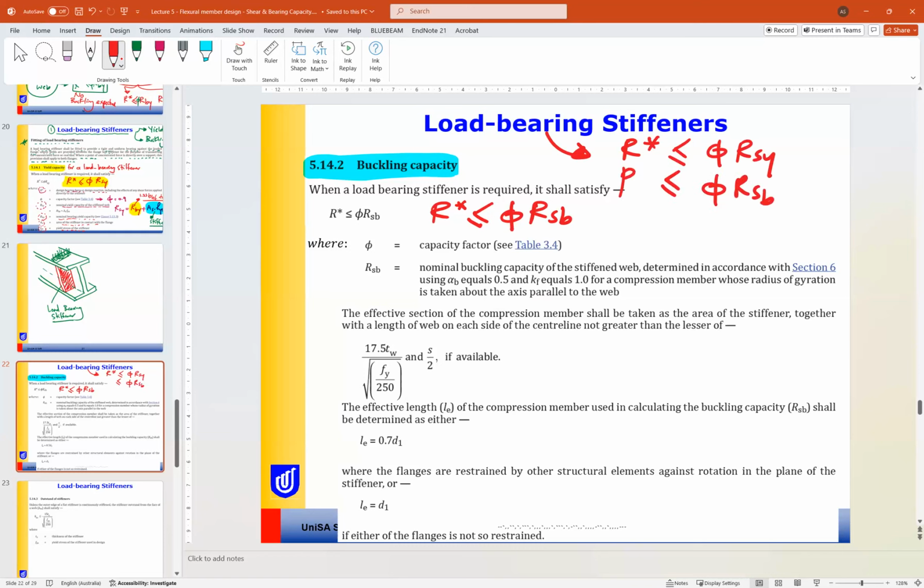Okay. Again phi is 0.9 for all members in steel, and RSB is the nominal buckling capacity of a stiffened web determined in accordance with section 6, where we have used alpha b equal to 0.5, kf equal to 1 for the compression member whose radius of gyration is taken about the axis parallel to the web.